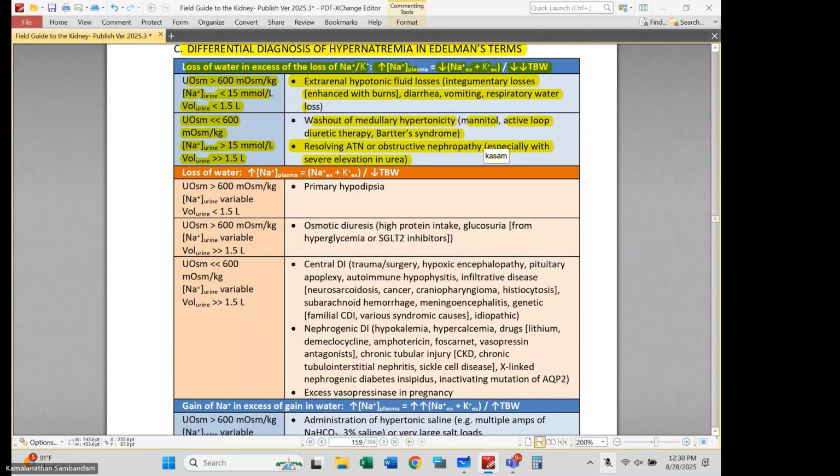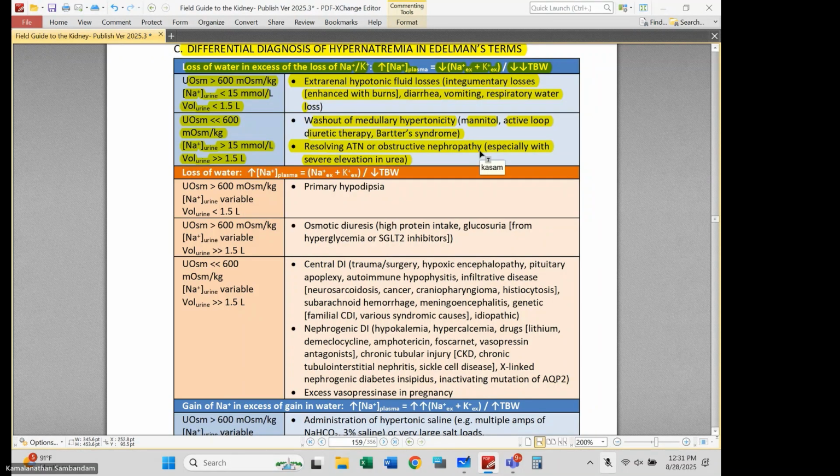Okay? Now, let's move on. I don't have to belabor the point, but let me spend a little time re-emphasizing this phenomenon of resolving obstructive nephropathy resulting in enhanced water excretion.